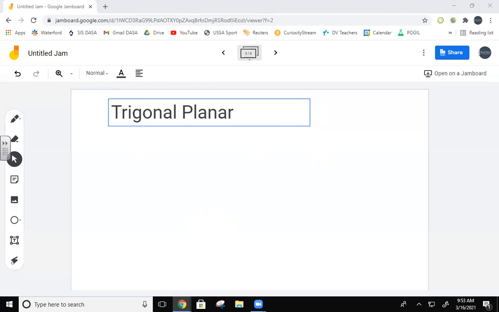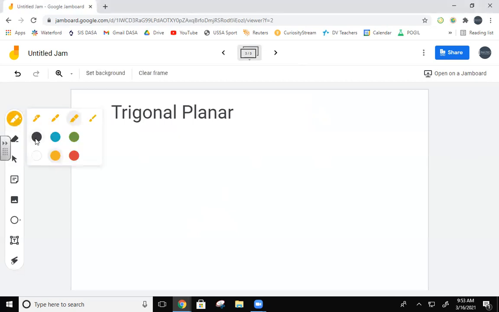With three sides, yes? Yes, Mr. Crochet. Okay. So an example of this type of molecular geometry or molecular shape would be boron trifluoride, BF3.